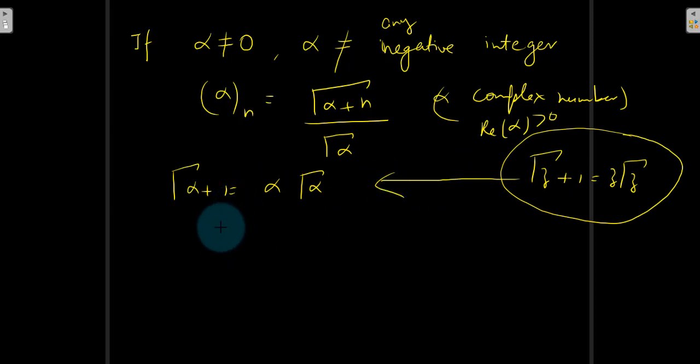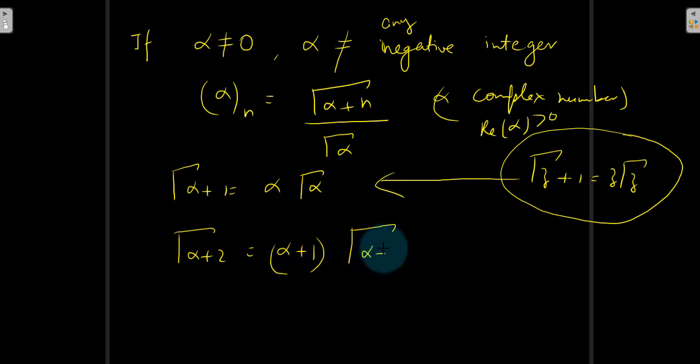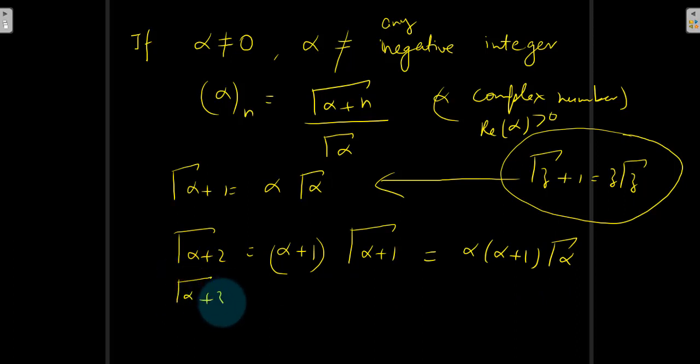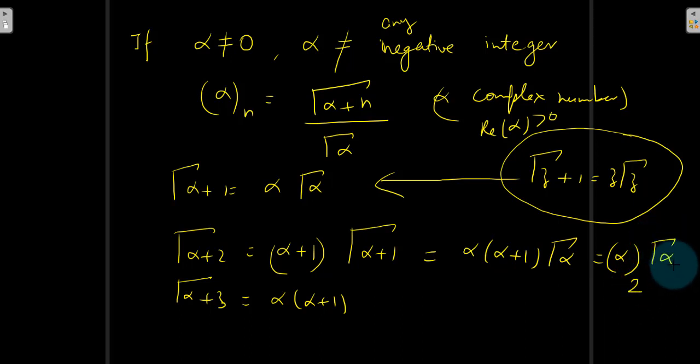Now, gamma of alpha plus 2 you can write as alpha plus 1 times gamma of alpha plus 1. And then gamma of alpha plus 1 you will get as alpha gamma alpha, right? The same way, if you write gamma of alpha plus 3, you will get alpha plus 1 and you simply write alpha. This is factorial notation: starting from alpha and taking two consecutive brackets, so this is factorial 2, and here you get gamma alpha, right?